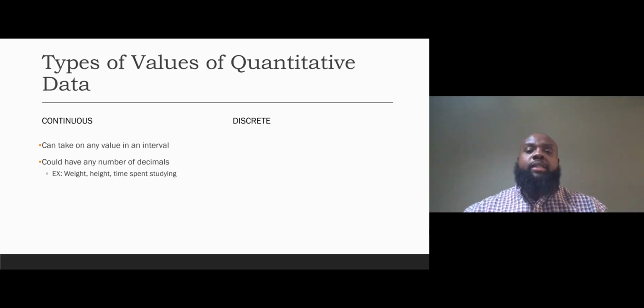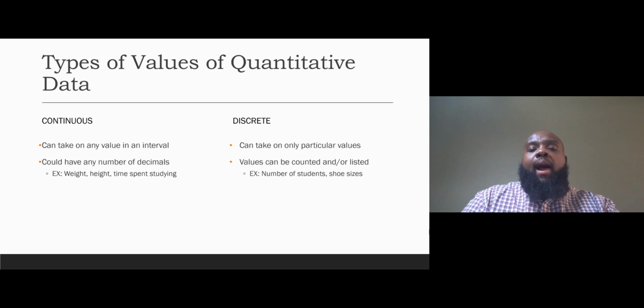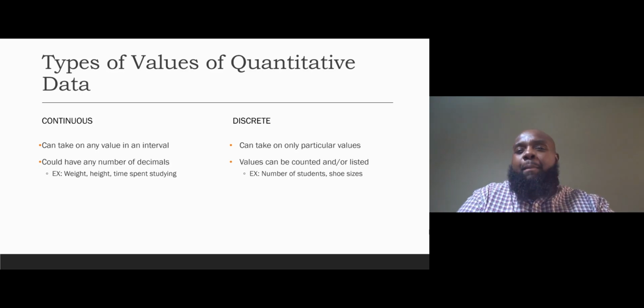That's for continuous. For discrete quantitative data, the values are only particular values on a range. So they can take on particular values, not all values on an interval. And because it can only take on particular values, those values can be counted or listed.